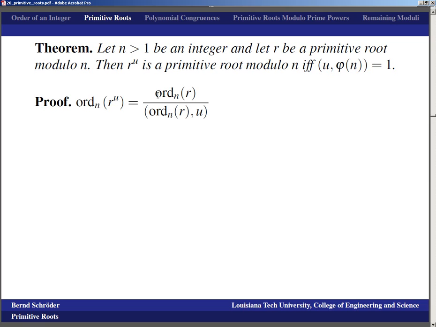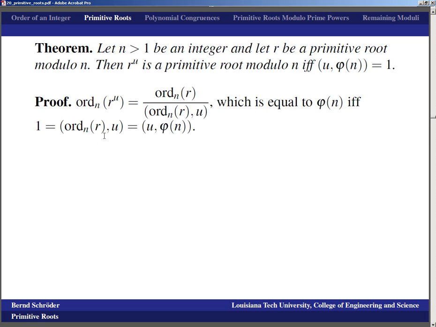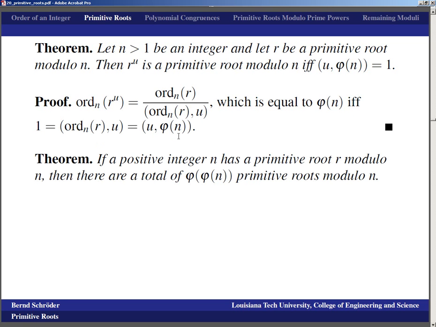The order of r to the u is the order of r divided by the greatest common divisor of the order of r and u, which is equal to phi of n if and only if the greatest common divisor of the order of r and u is 1, because of course the order of r is phi of n, and that means this greatest common divisor is just the greatest common divisor of u and phi of n, and that's it already.